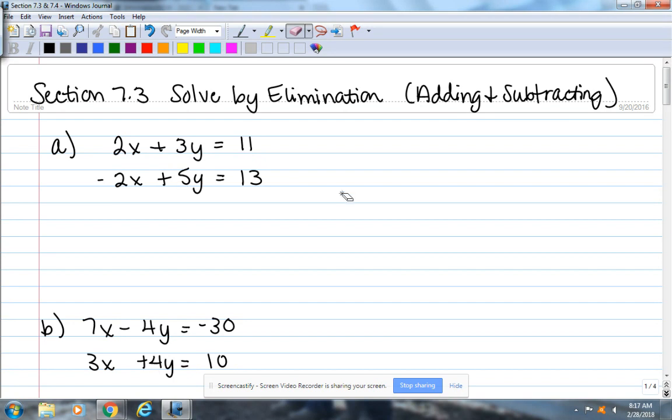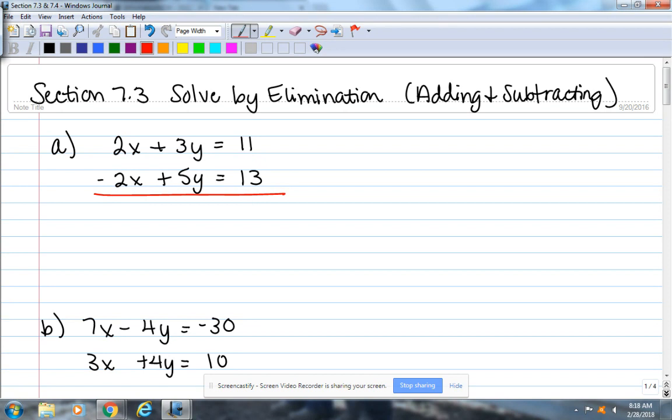So if you look up here at this first system, 2x plus 3y equals 11 and negative 2x plus 5y equals 13. If you look at the x's, I have a positive 2x and a negative 2x. So what you're going to do with elimination is add vertically. We're going to add our like terms going down the columns.